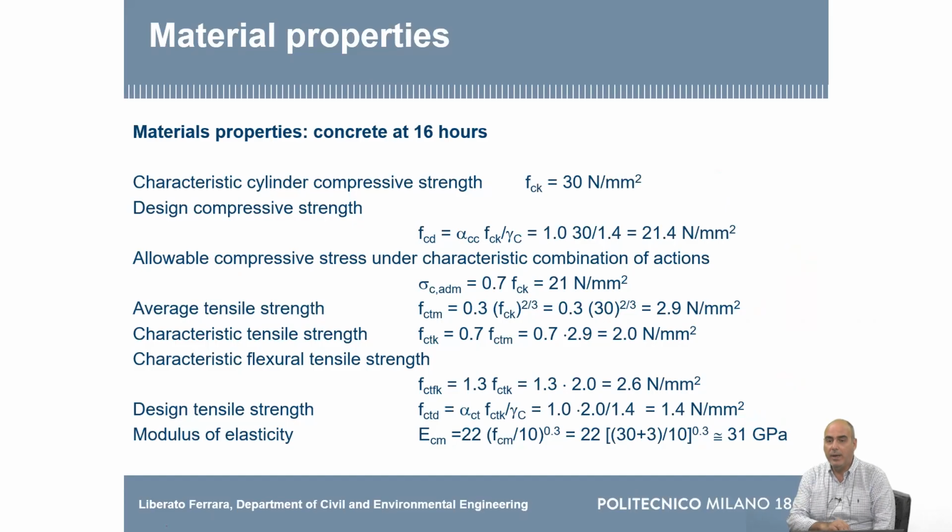And it is the structural designer which states this. We require that this concrete at 16 hours has a 30 Newton per square millimeter characteristic compressive strength on cylinders, which means about 35, 37 megapascal on cubes, characteristic. Then the procedure is exactly the same.